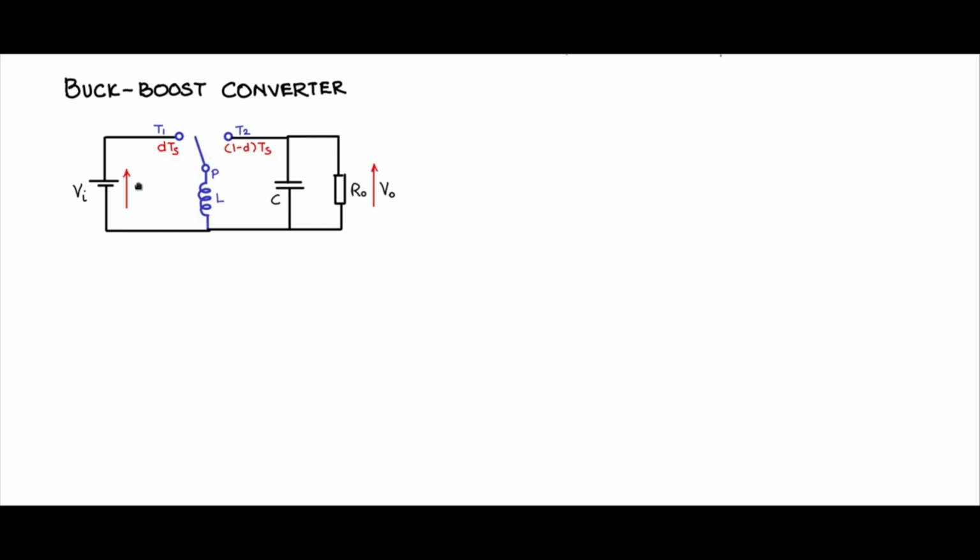Let us now try to understand the operation of the buck boost converter with the help of waveforms, typical and important waveforms. We have here the single pole double throw switch. P is connected to T1 for a period of time DTS. P is connected to T2 for a period of time 1 minus DTS.